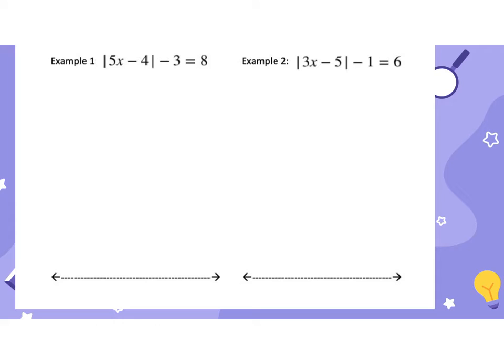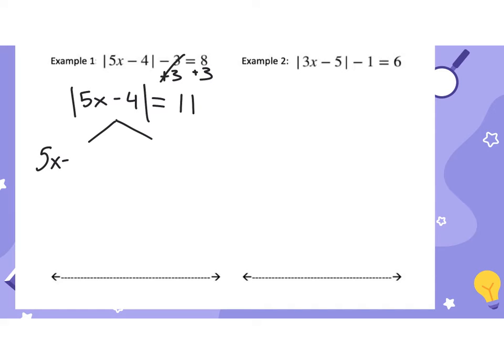So our first step is just to get the absolute value by itself. So we have absolute value of 5x minus 4, minus 3, equals 8. To get it by itself, we need to add 3 on both sides. So I now have absolute value of 5x minus 4 equals 8 plus 3, which is 11. Next step is to split this into two problems: a positive problem and a negative problem.